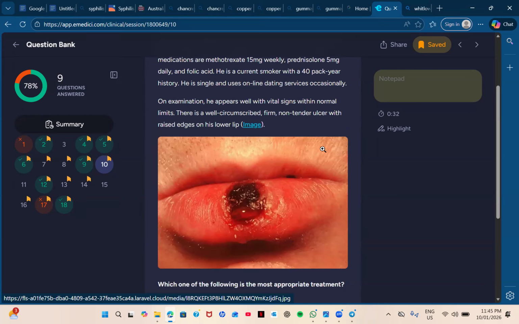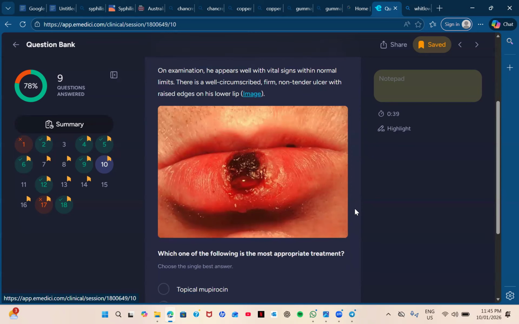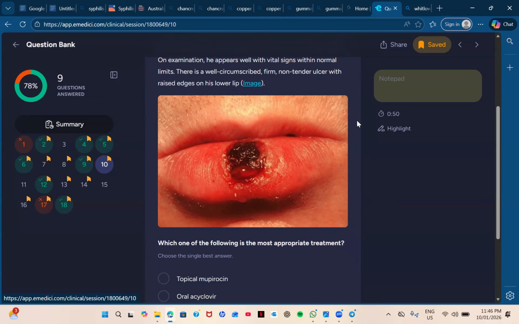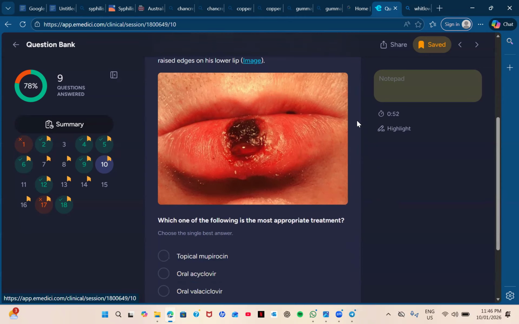He is a current smoker with a 40-pack-year history. He is single and uses an online dating service occasionally. On examination he appears well with vital signs within normal limits. There is a well-circumscribed, firm, non-tender ulcer with a raised edge on the lower lip.